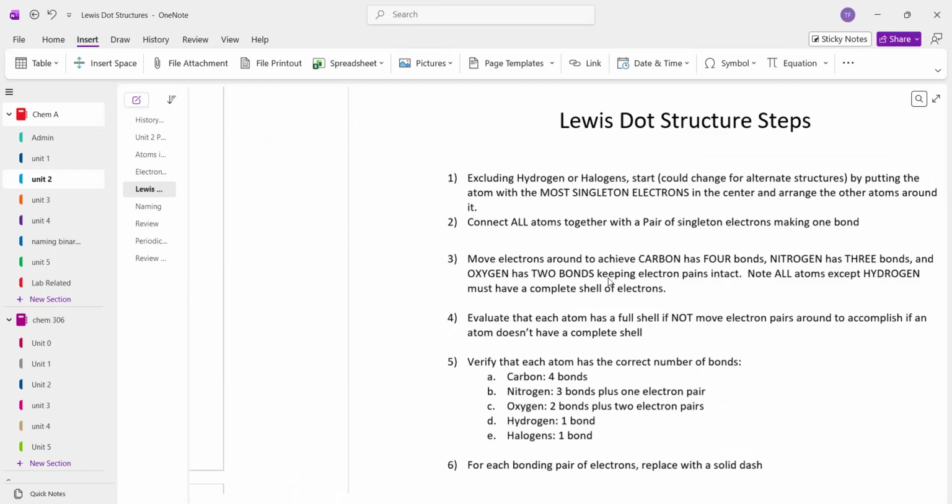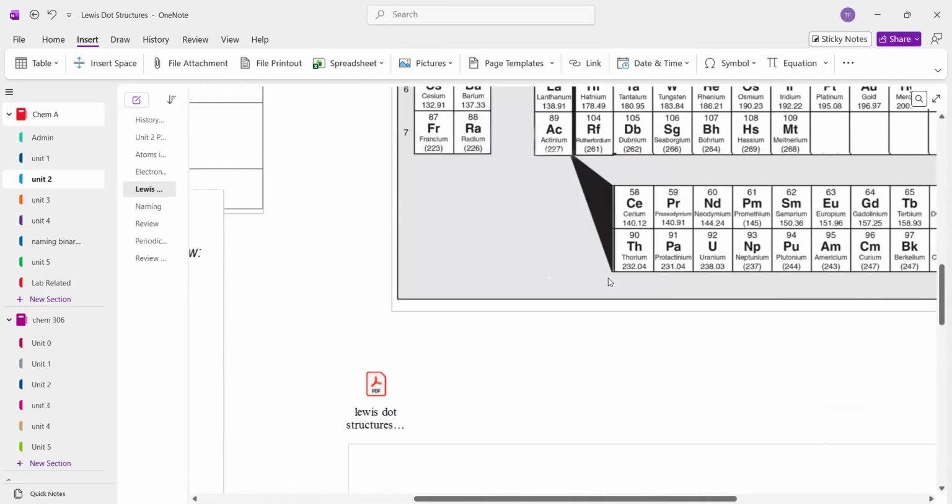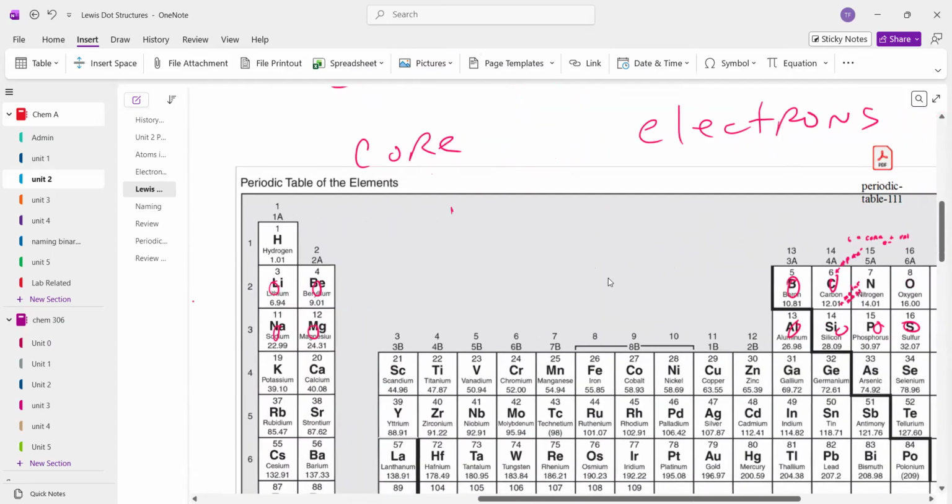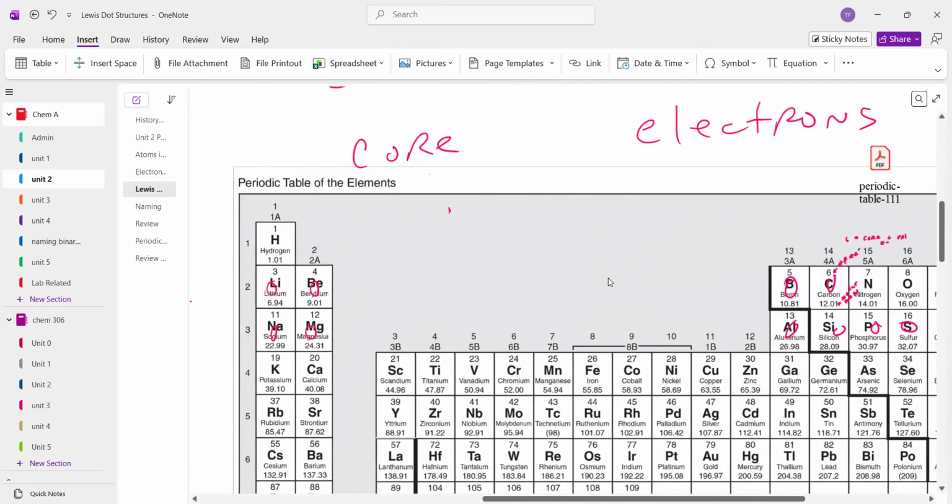So this works for 99% of Lewis dot structures. Now we're going to be looking at Lewis dot structures for the first 3 rows only. And not doing sulfur. Everything else is fine. After that, things get more complicated because we have more electrons and they start forming different orbitals. That's where the complication comes in, except for the top 3 rows. Those are the ones we're going to be doing in here.